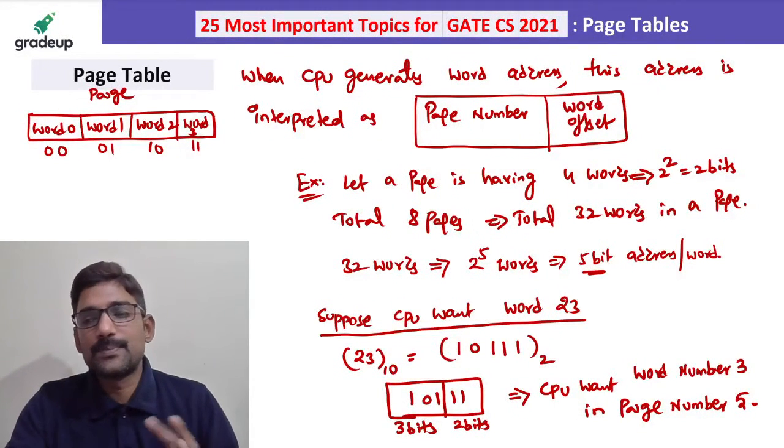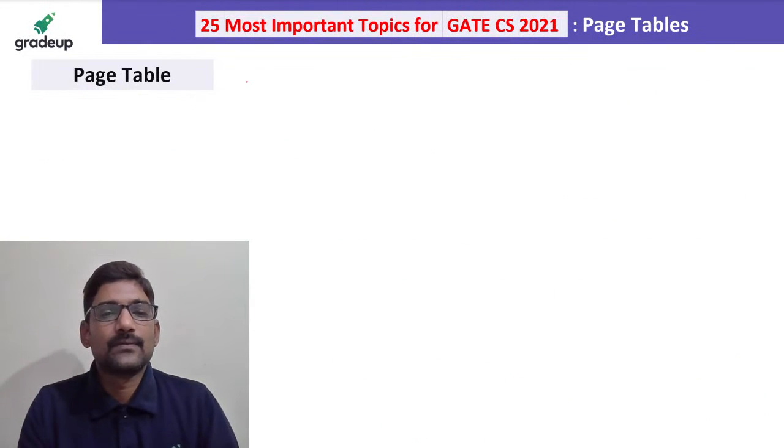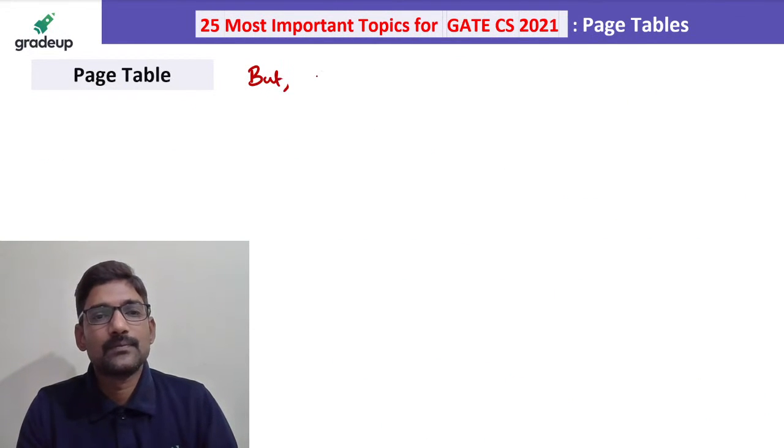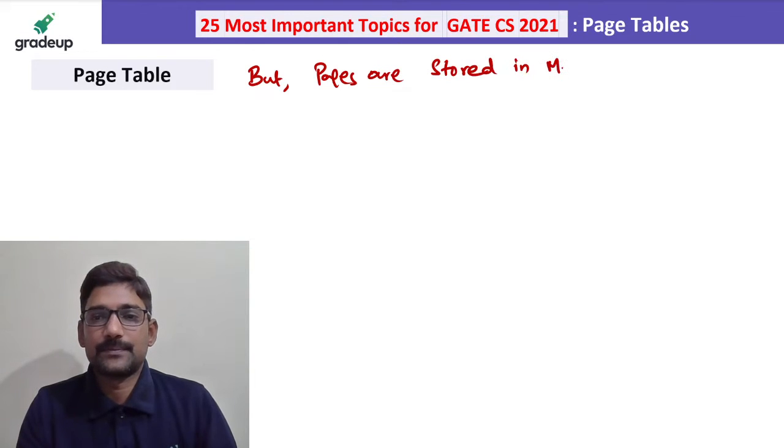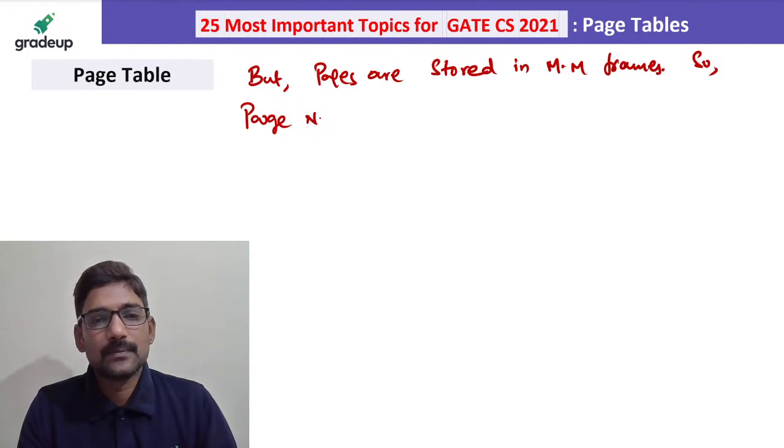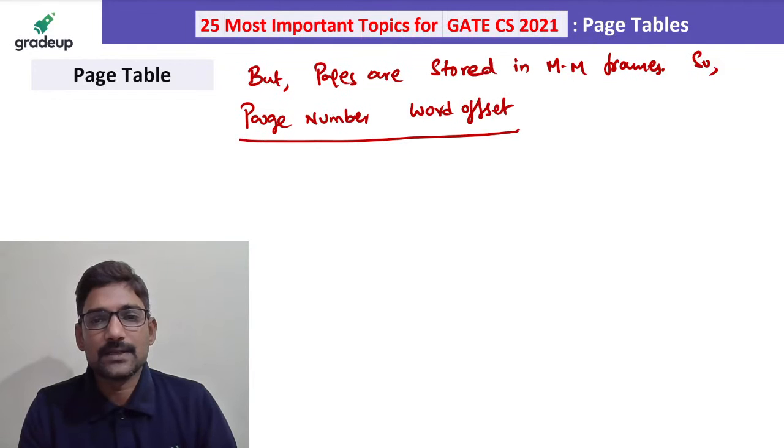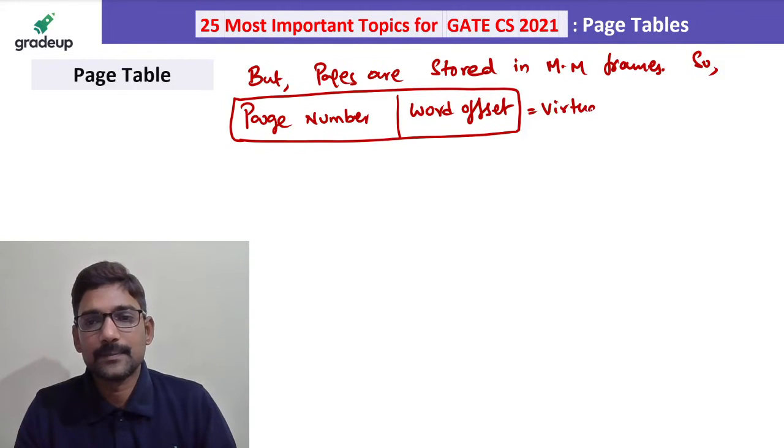But where are these pages stored? We know all the pages are stored in main memory frames. So page number and word offset, whatever address the CPU generated we are interpreting, this is what we call the virtual address.